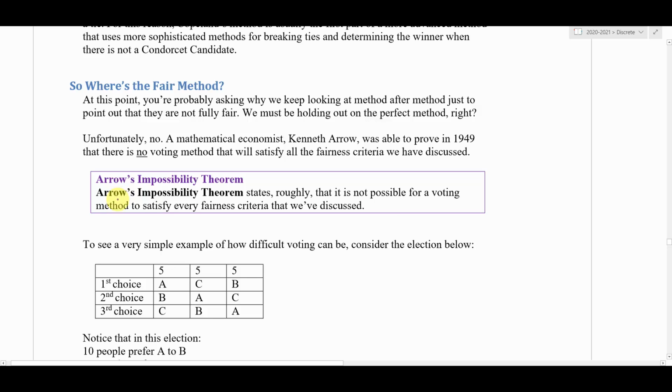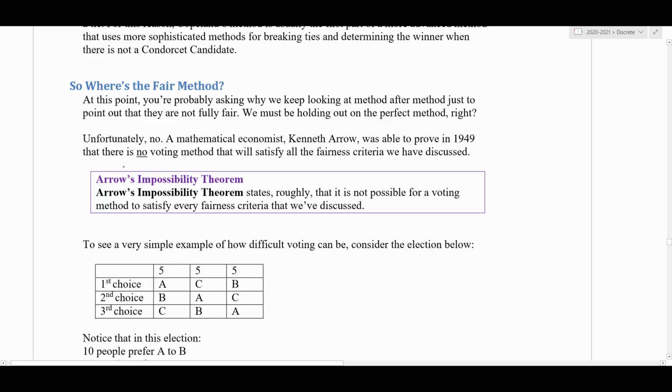It's just never going to happen. So whatever voting method you decide to use, you will know that it has a possibility of doing something that may be considered unfair. You anticipate that, look at your situation, and try to choose the one that you think is going to work best for your situation.